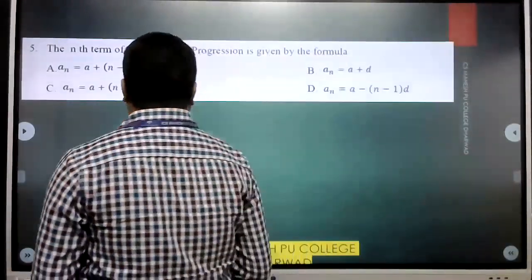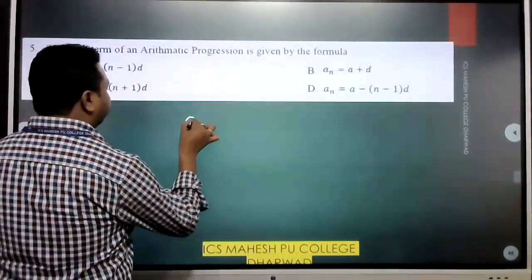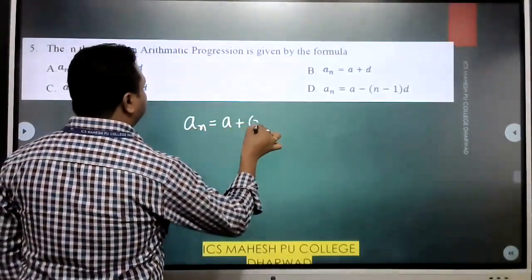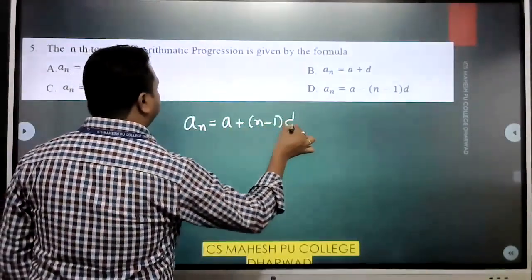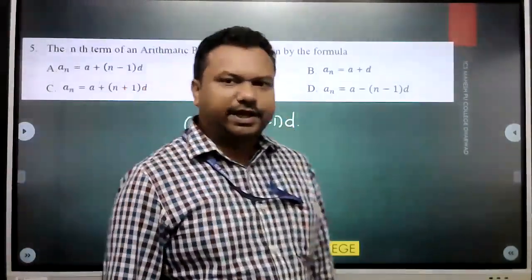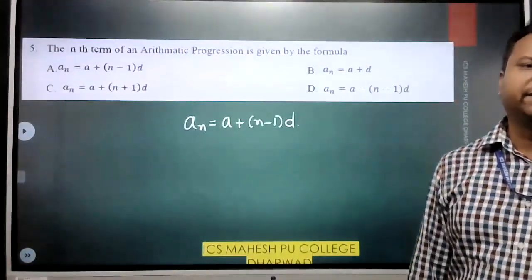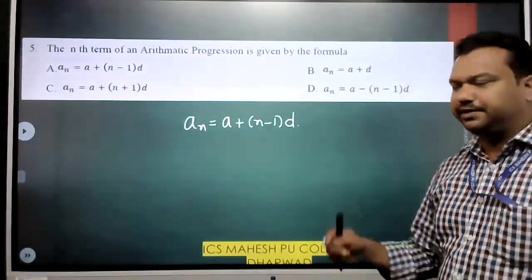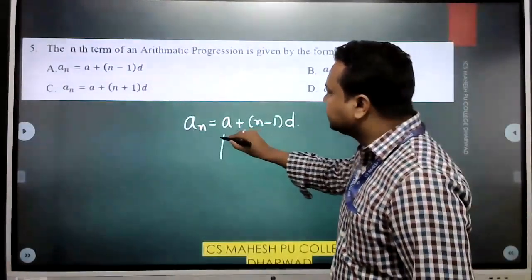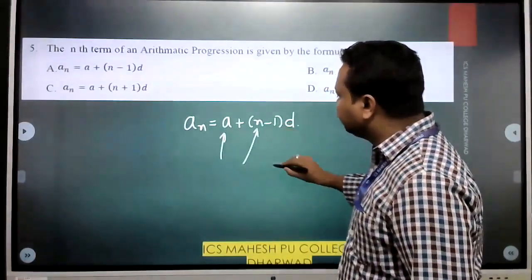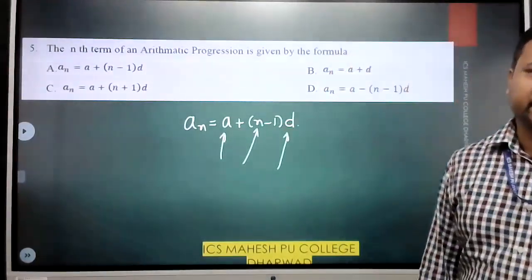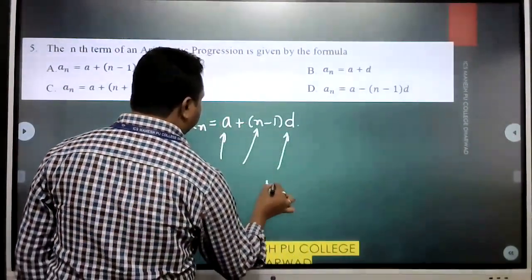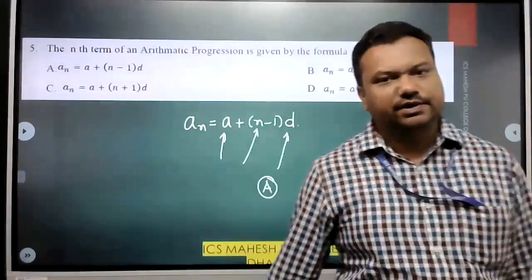The nth term of an arithmetic progression is always given by an is equal to a plus n minus 1 into d, where a is the first term, n is the number of terms, d is the common difference, right? So in this case, what is the right choice? The right choice is option A.